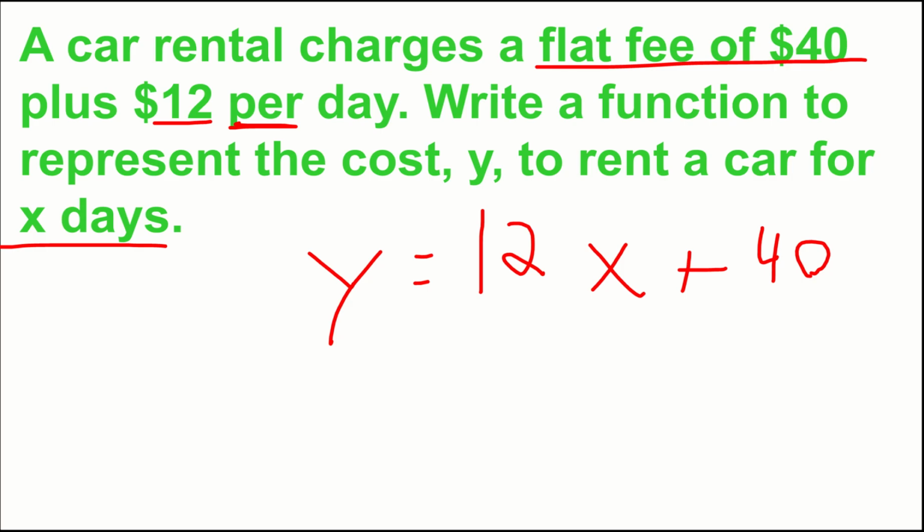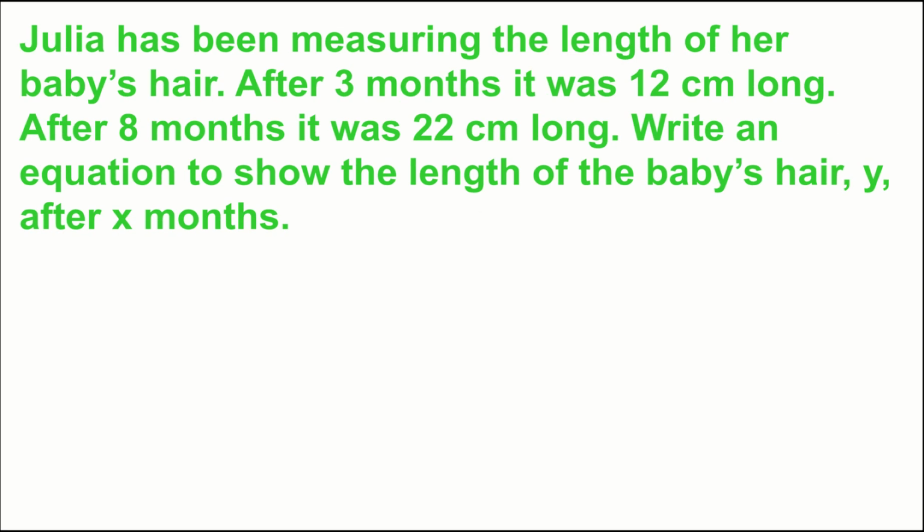Like I said, most of our word problems aren't going to be asking you for the equations, though. So if we look at this one here, we have Julia's been measuring the length of her baby's hair. After 3 months, it was 12 centimeters long. After 8 months, it was 22 centimeters long. This one, we do need the whole equation. So we got to find the slope and the y-intercept.